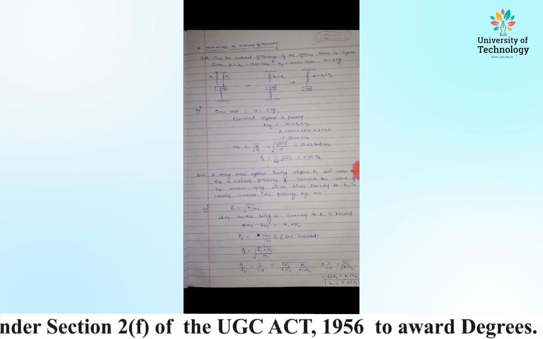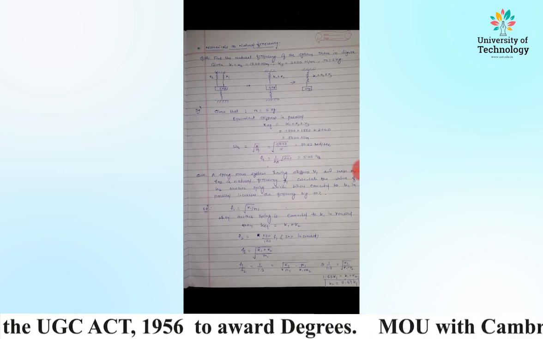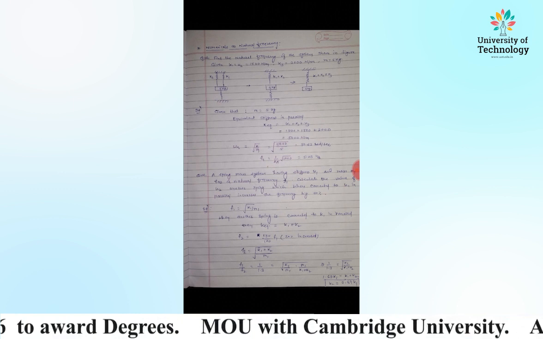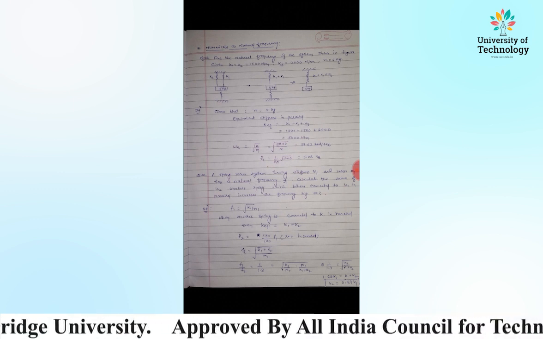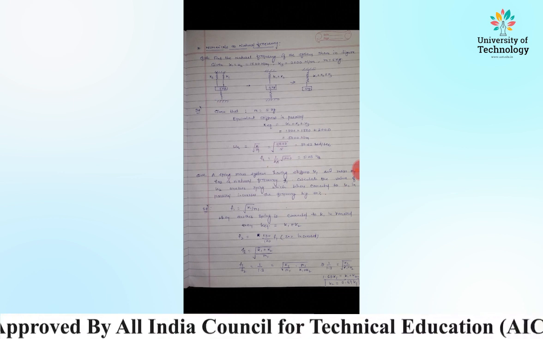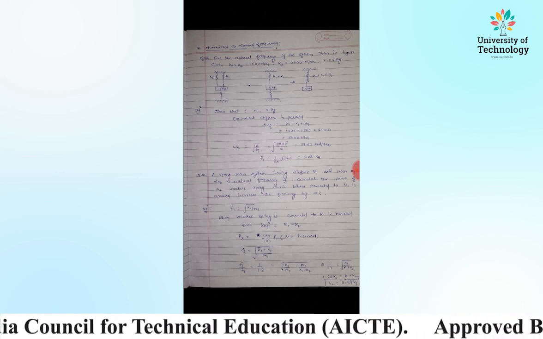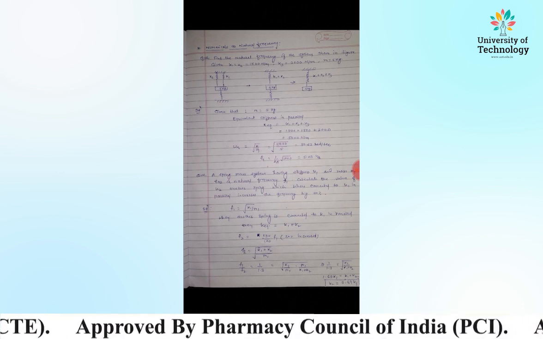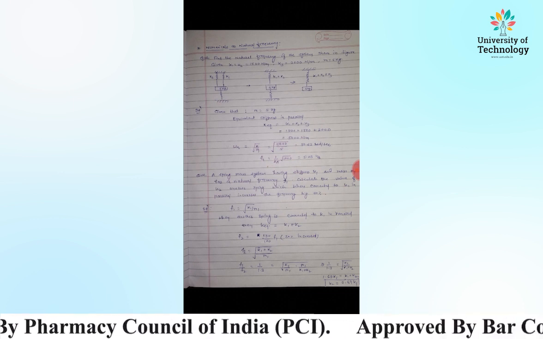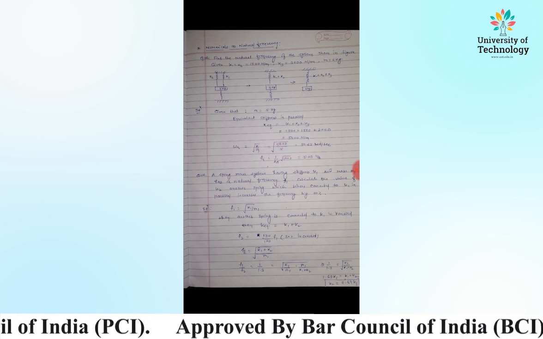The diagram is given in which K1 and K2 are parallel and a 5 kg weight is connected, and next K3 is working downward. In this, K1, K2, K3 and M are given.